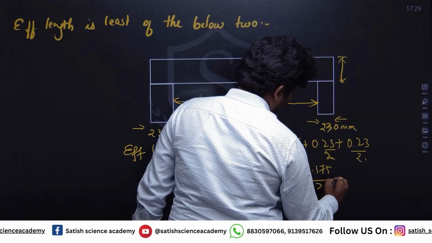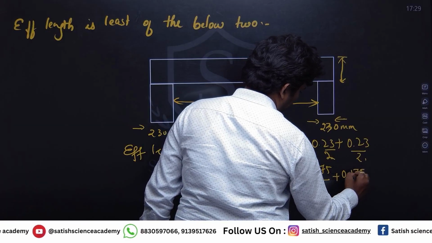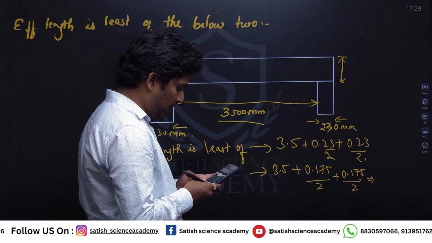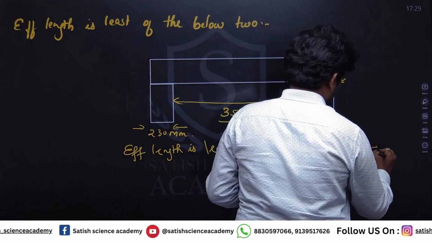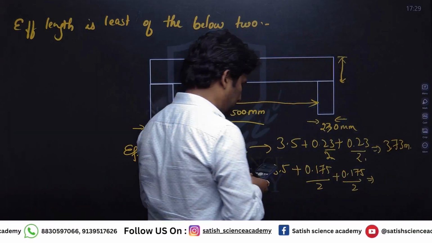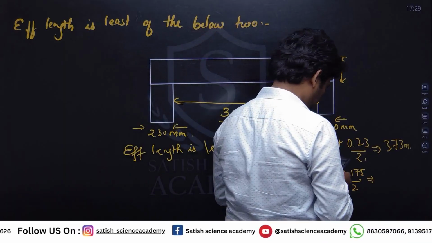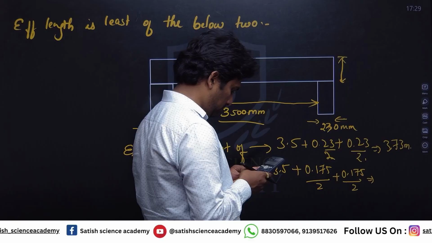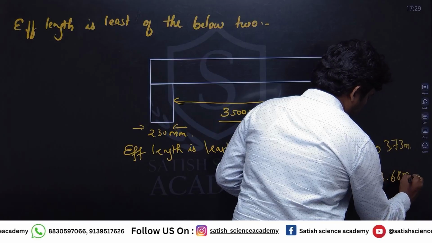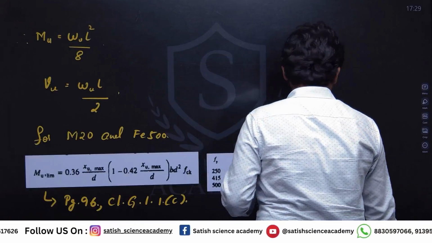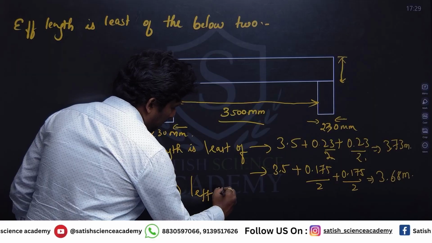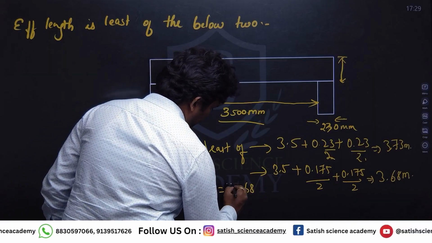So this value is 3.5 plus 0.23, it is 3.73 meter, and another one is 3.5 plus 0.175, so this is 3.68 meters. So effective length L effective equal to least is 3.68 meters.